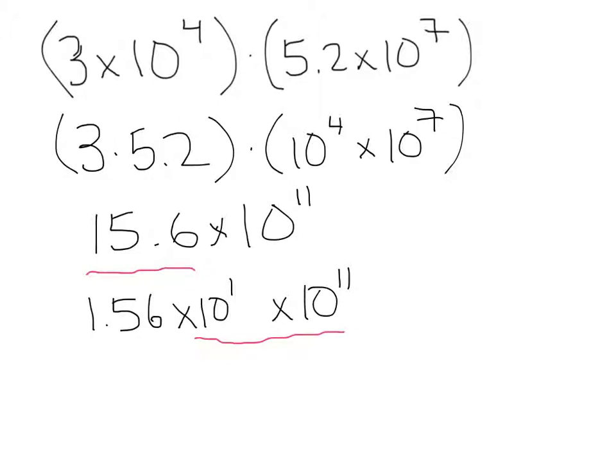So we've essentially borrowed a 10, or the 15.6 has donated a 10 when turning itself into 1.56. So now we're going to get 1.56 times 10 to the 12th, and that's because the 15.6 is bigger than simply a number 1 through 9.